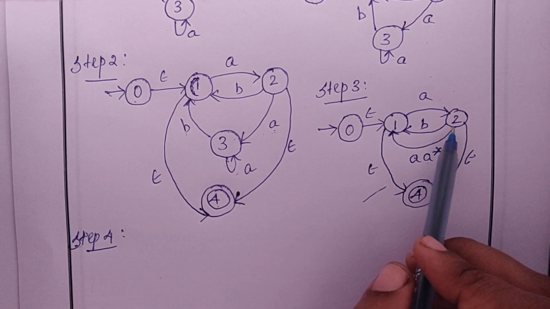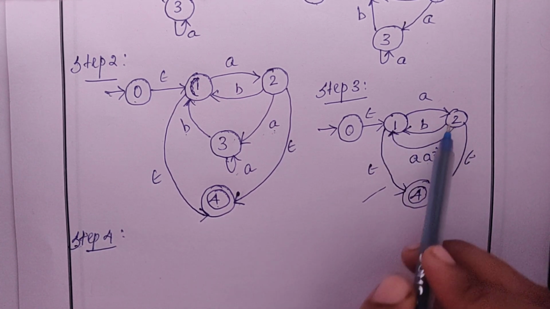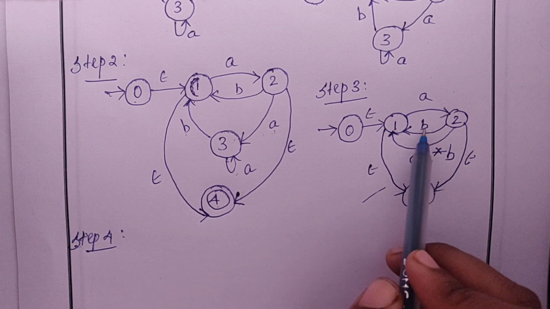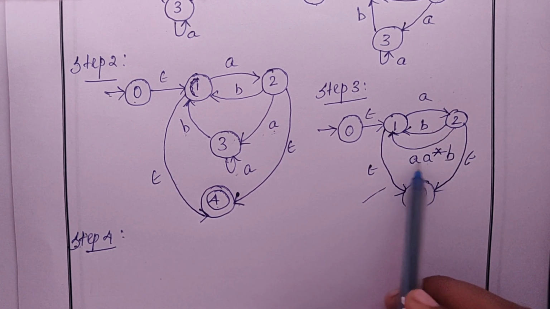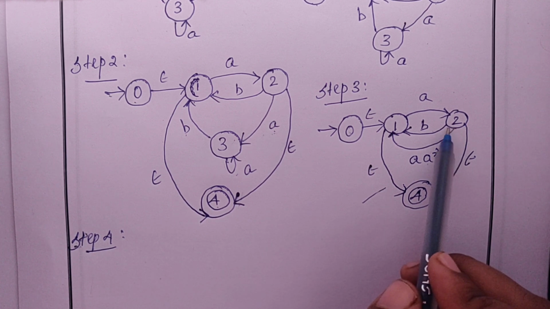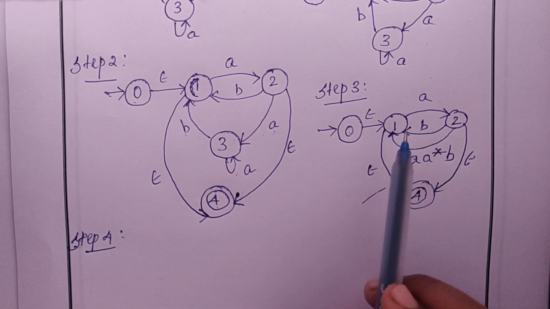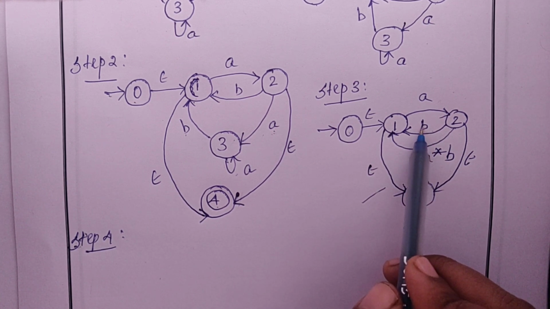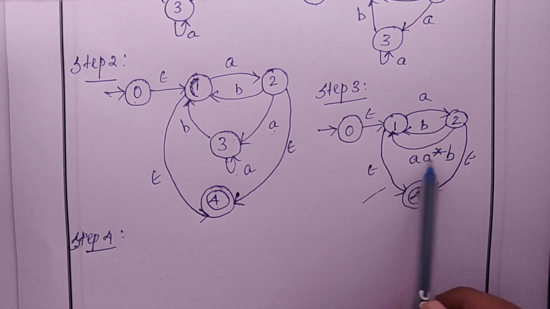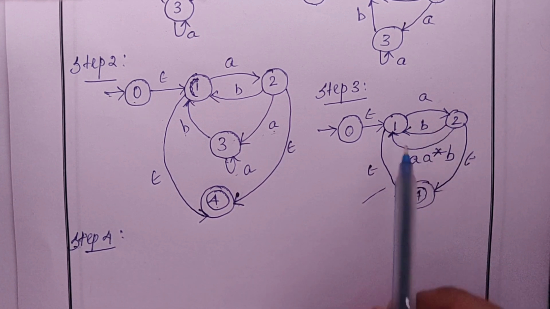So I can go to state 1 from 2 either through B or through A star, B. I'll tell once again. From state 2 I can go to state 1 through B or A star, B. Since it has 2 branches, it is or.